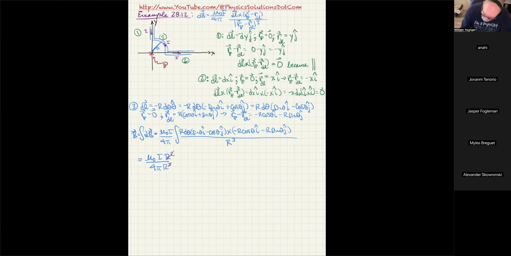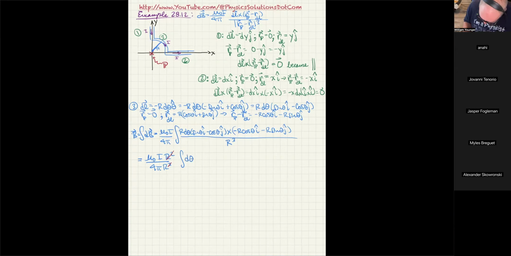And now all I have is an integral of, now I've got to do the cross product, and it's not going to be that bad. I'll put the d theta right here, and I'm first going to use the distributive property. So I have sine theta i hat crossed with negative cosine theta j hat, and I've already taken care of these r's.